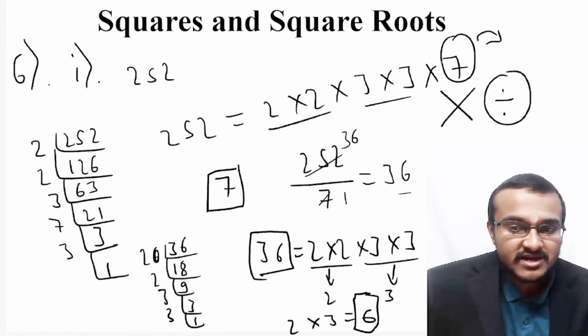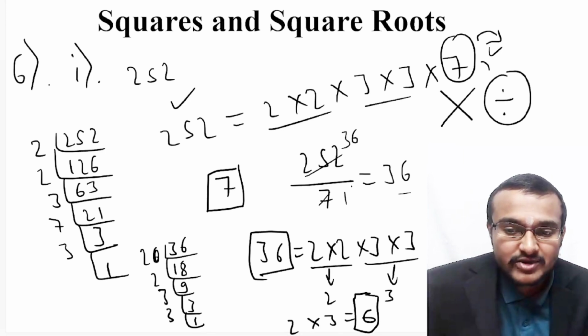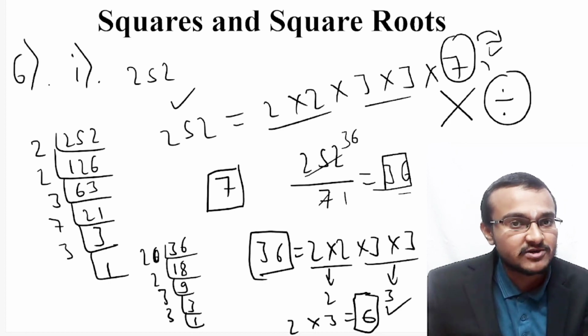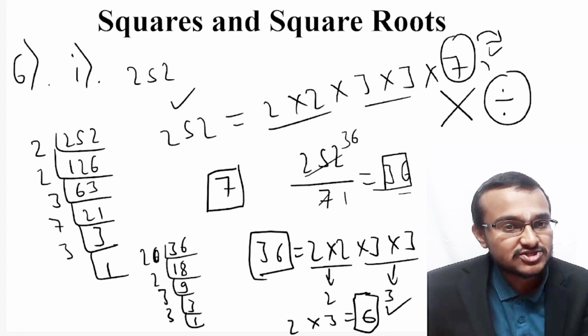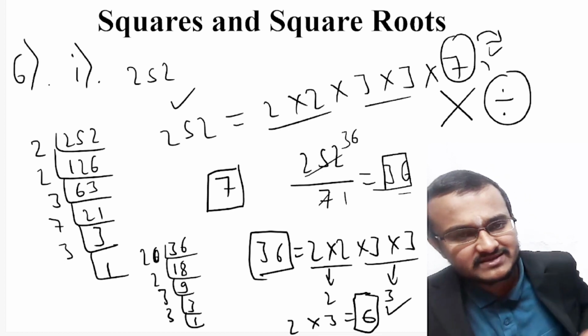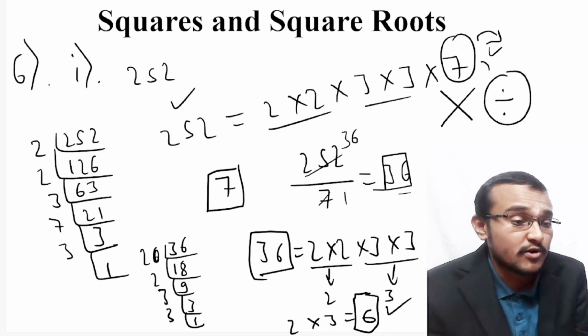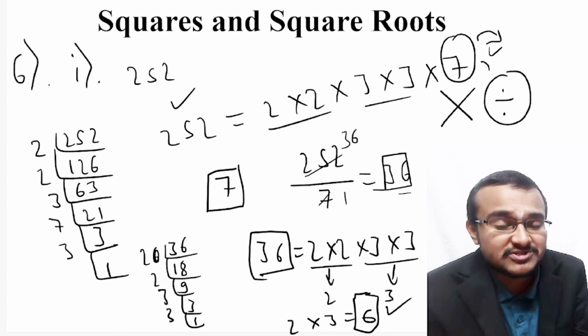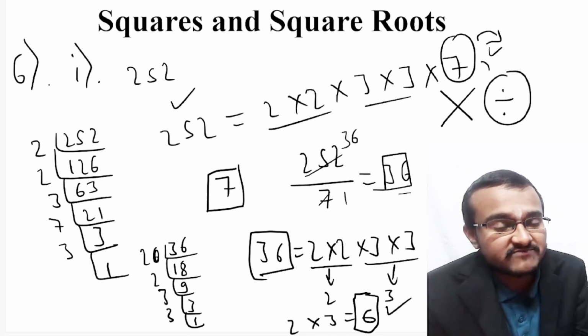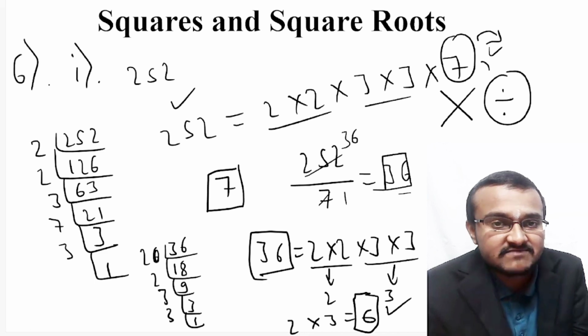In the sixth question, you are dividing 252 by 7 to get another perfect square, and you have also found the square root of that perfect square, which is 6. Like this you can solve the remaining problems in this sixth question. Because these are very easy problems, you can easily go on practicing them, so that you will be much more well versed in finding perfect squares and square roots using the prime factorization method.